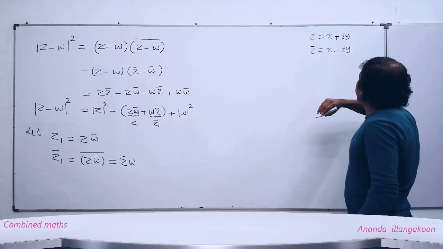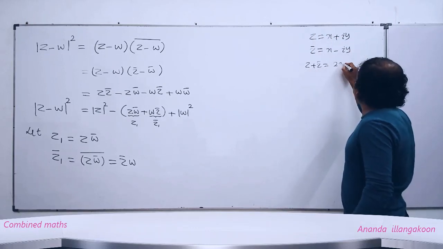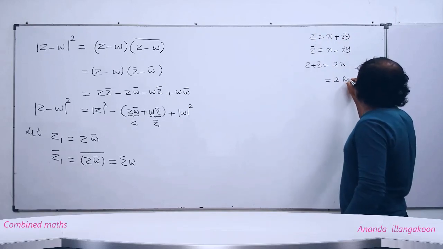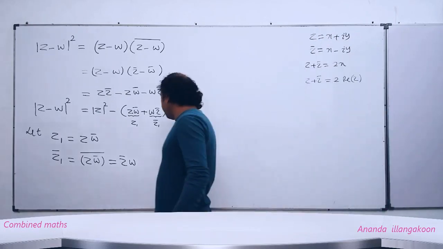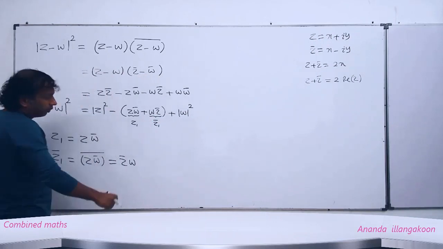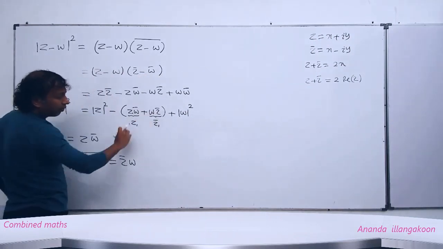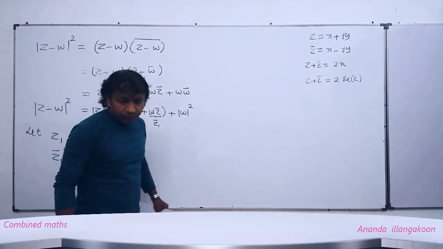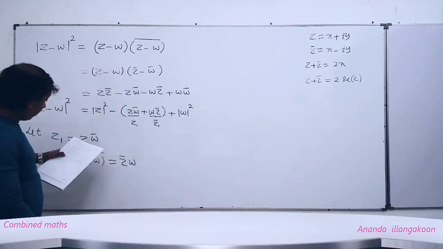Once you add them up, you can clearly see these two cancel off, giving 2x. What is this x? The real part of z. Therefore, this is nothing but z plus z bar. Now here also we have z1 plus z1 bar. Then for this sum I can write 2 times the real part of z1, right?